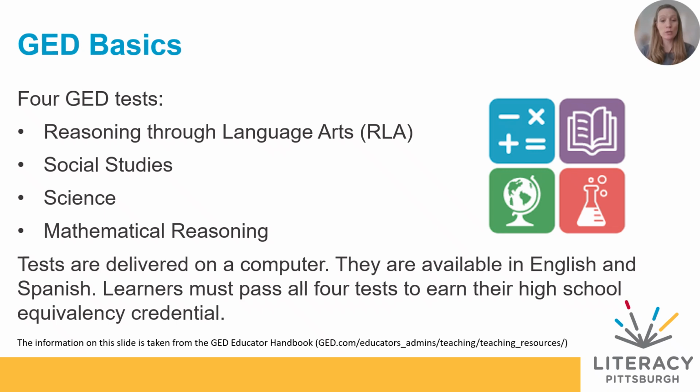These tests are all delivered on a computer, but students can test online at home or in person at a testing center. The tests are available in English and Spanish, and learners can combine tests in English and Spanish to earn their credential. But one important thing to note is that learners must pass all 4 tests in order to earn their high school equivalency credential.